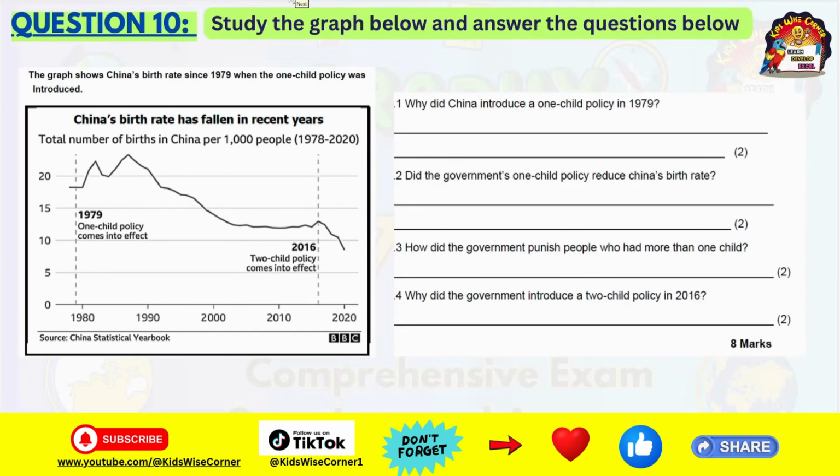Let's answer the questions. Why did China introduce a one-child policy in 1979? It was to control rapid population growth.